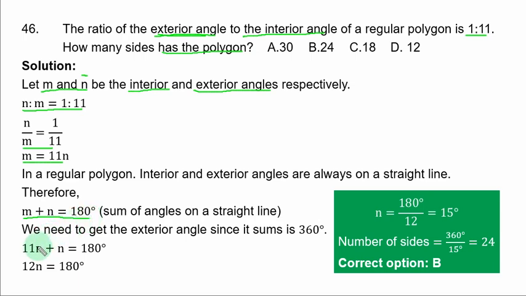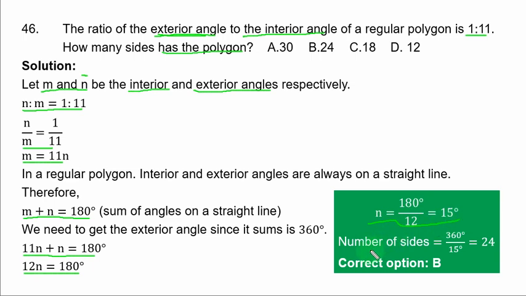Since we have M as 11N, you have 11N for M plus N equal to 180 degrees. If you add, you get 12N equal to 180. To get N, divide both sides by 12. So N gives 15 degrees.